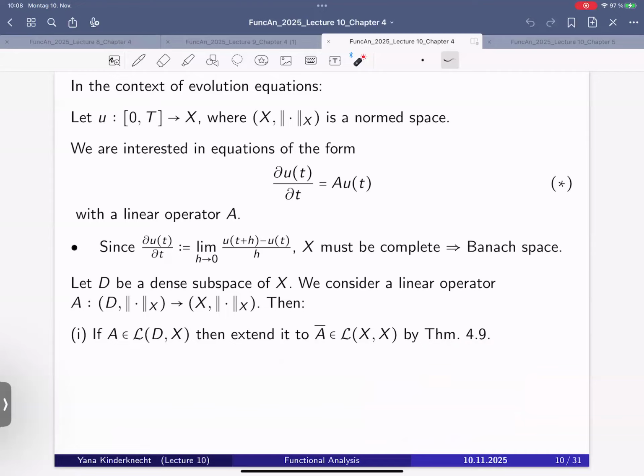Probably we're not able to provide the explicit formula for each element of this space, but we know that the operator is fine and is defined on the whole space. So this is sometimes very convenient.